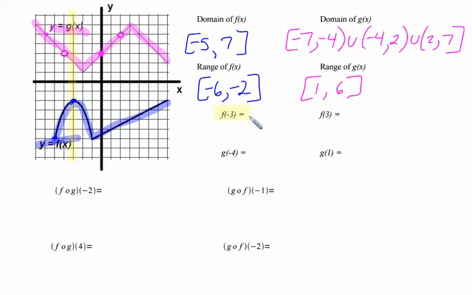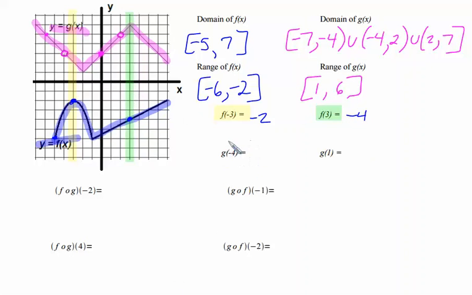And the y value is down 2, so that's going to be a negative 2. The next one, it says what is the f value at 3? We go to where x is equal to 3, and we identify where the graph of f is. It's down 1, 2, 3, 4, so that's going to be a negative 4.